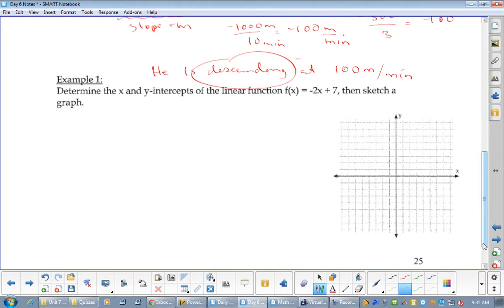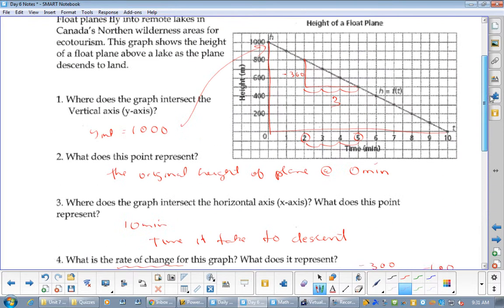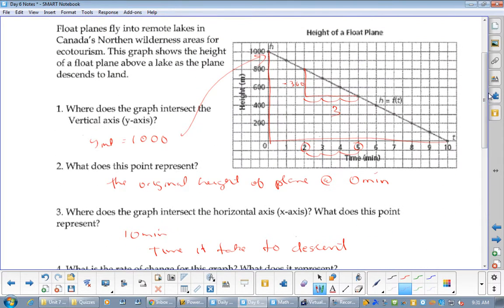Find the x and y intercepts of the linear function negative 2x plus 7, then graph it. Now, I want you just to tell me something. At the y-axis, y-intercept, what is x? 0.